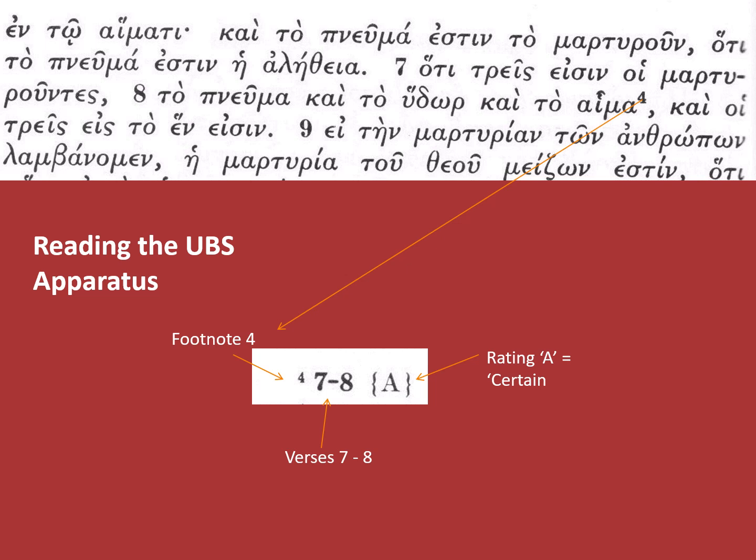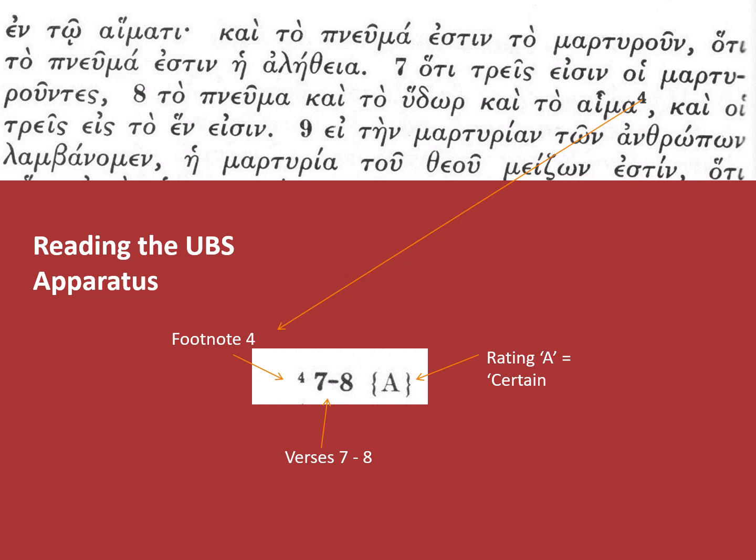And A, in this case, means that the reading that the scholars have given is a reading that they think is certain. They don't have any doubt. So, looking at what's going on in verses 7 and 8, you can see that we have the shorter reading in verse 7 for this sentence.